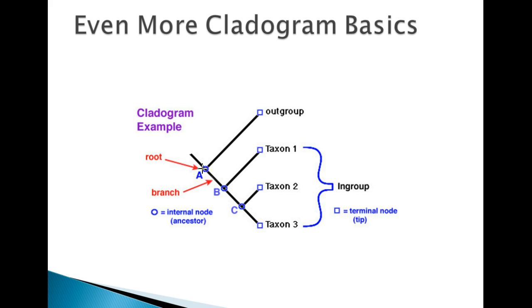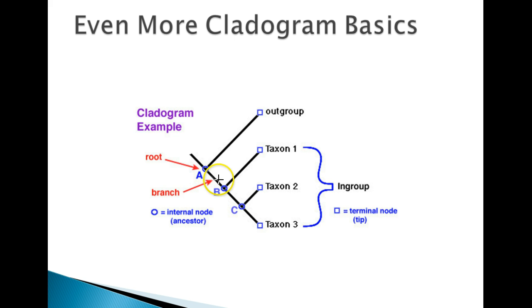Now, let's look at, there are the 3 clades in this diagram. So, the first clade is taxon 2 and taxon 3. So if we snipped right here below B, taxon 2 and taxon 3 would fall off. So they're a clade. All right, the next clade is taxon 1 plus taxon 2 and taxon 3.